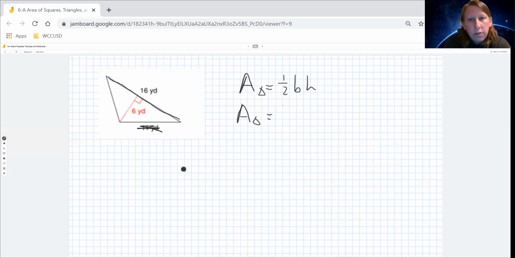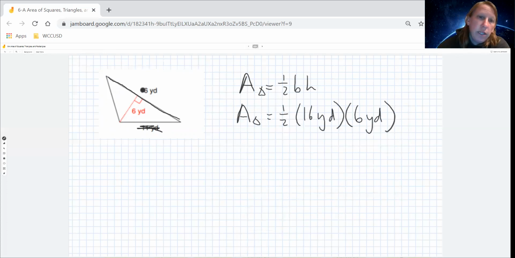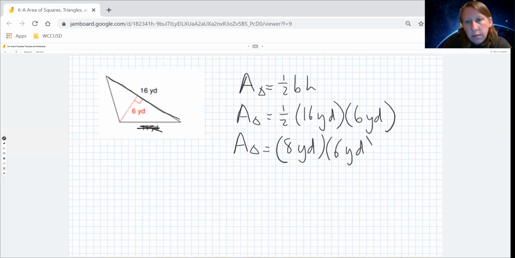Area of this triangle is half 16 yards times 6 yards, which is the distance between the base and the opposite vertex. This is called an altitude or the height. Okay, half of 16 is 8. So 8 yards times 6 yards, and that's going to be 48 yards squared.